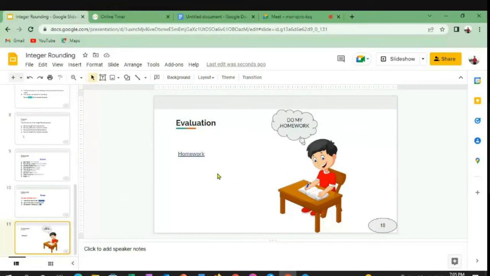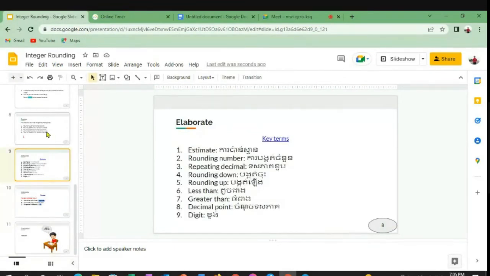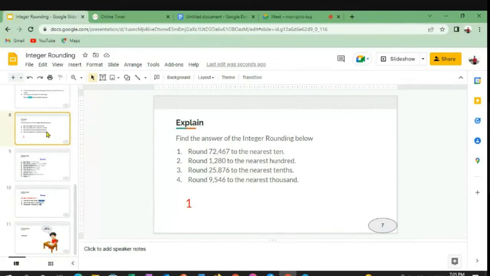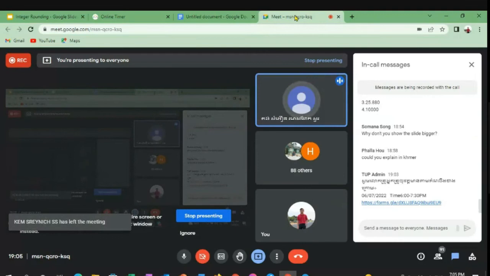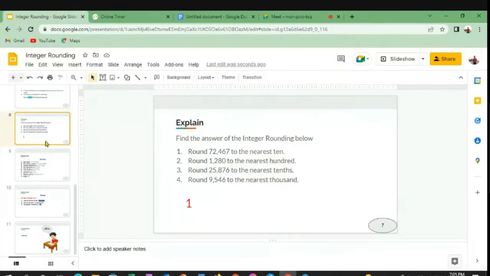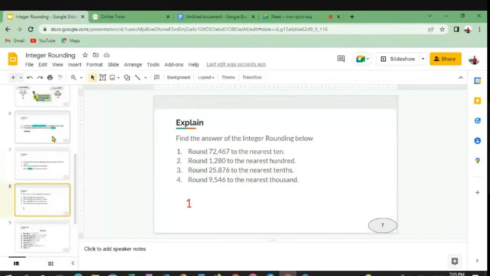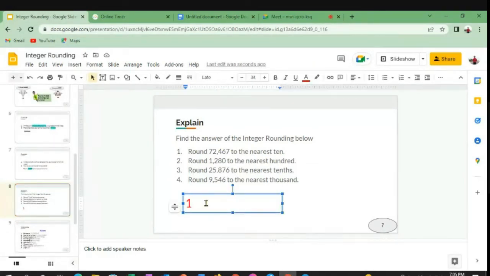Before we move to the homework, I would like the teacher to re-explain again, especially number 1 until number 4, because I haven't taught students for many years, so maybe I forget the lesson.